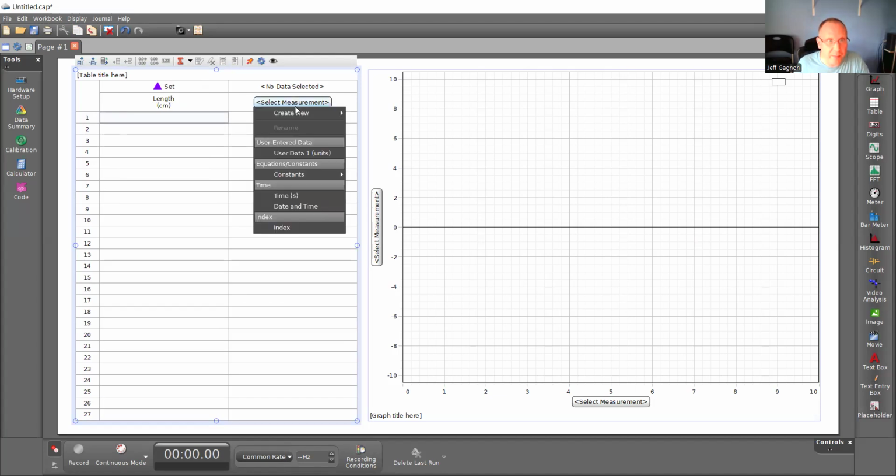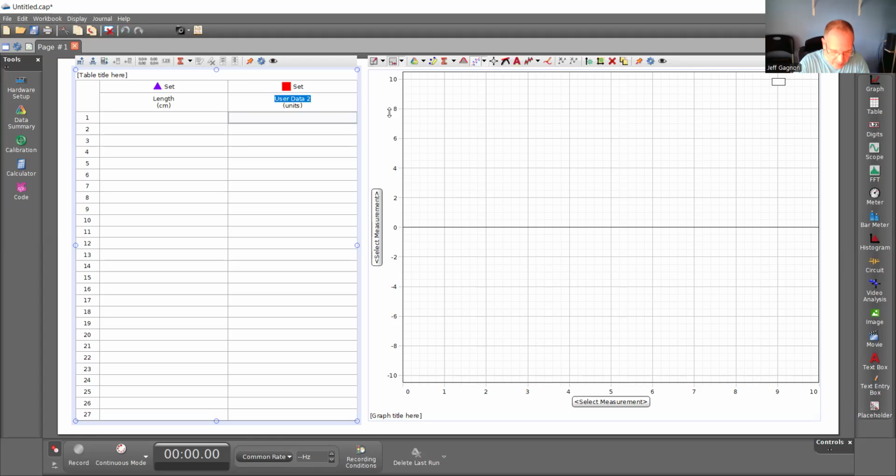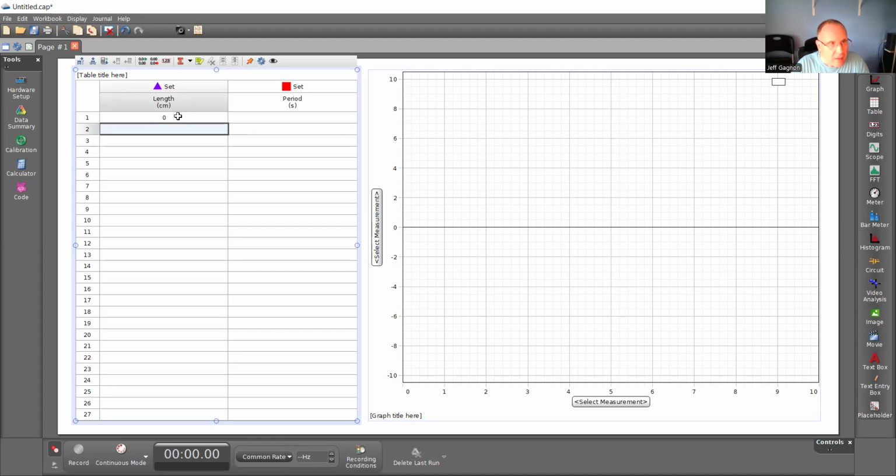Then for the next column, select measurement, create new, user enter data. Let's do period. And then for units, I'll do seconds, right? S for seconds. Okay, for the length, we had 0. Actually, I'm going to make up some nice easy values for me that will work out better. Let's say I have 0, let's say 1, 4, 9, 16, 25.